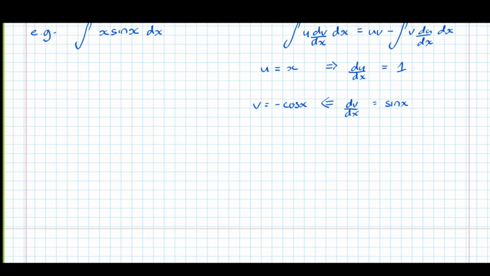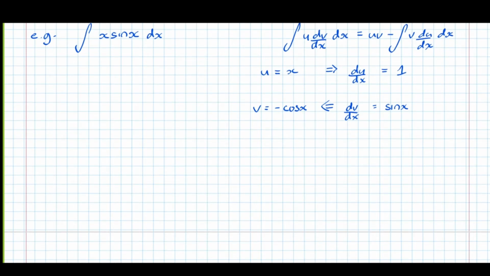So now writing it in an equivalent form, that's equal to uv minus the integral of v du by dx.